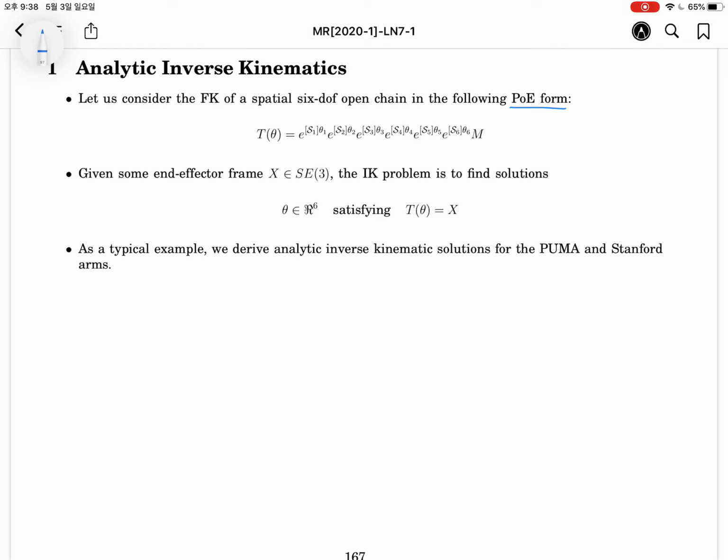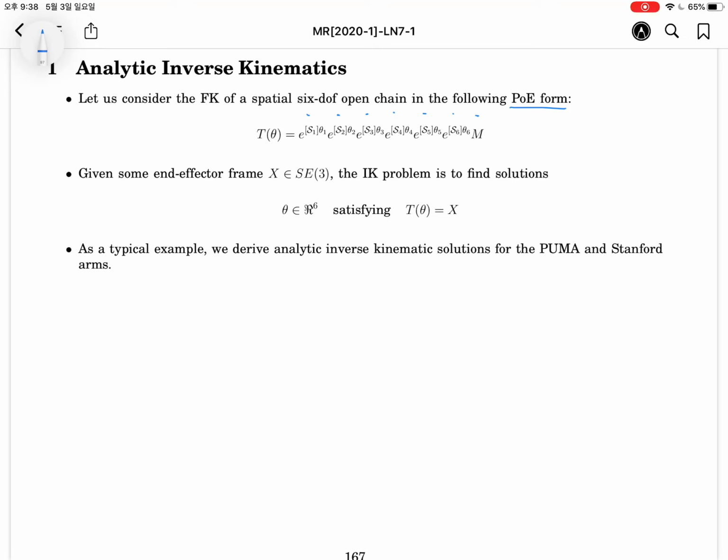Okay, maybe we will use the POE space form. After assigning the screw axes S1, S2, S3, S4, S5, S6, the zero position will be assigned as M. So we can write down the forward kinematics using the POE.